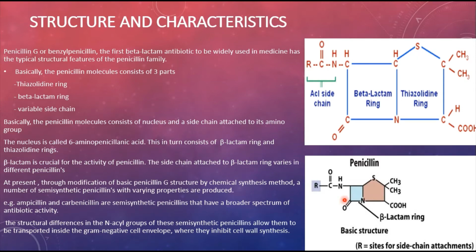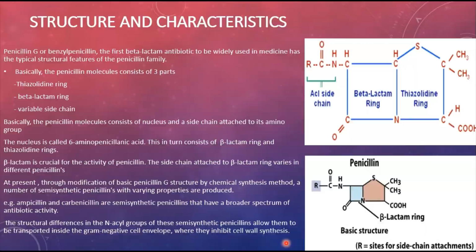Basically, penicillin is a narrow spectrum antibiotic, but with modification as a semi-synthetic penicillin, it has a broader spectrum. The structural difference in the N-acyl group of these semi-synthetic penicillins allows them to be transported inside the gram-negative cell envelope, where they inhibit cell wall synthesis.